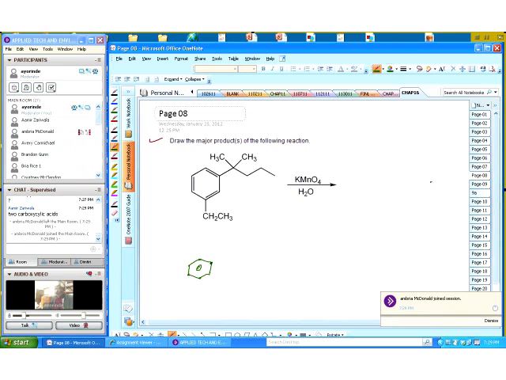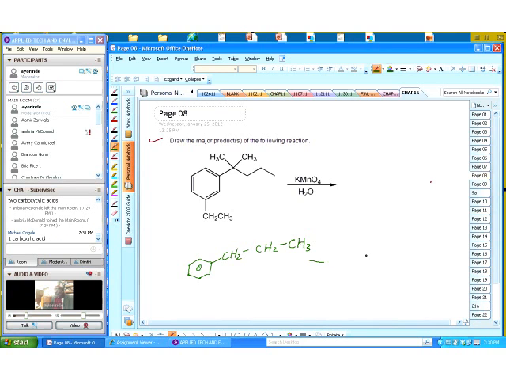Carboxylic acid is correct, but there is something that I also want you to know. If you have any alkyl group attached to benzene, it does not matter how long the alkyl group is, as long as the carbon attached to the benzene contains a hydrogen atom, then when you use potassium permanganate, generally in acidic medium or in water, as in this case, the alkyl group will be oxidized so that the carbon attached to the benzene ring becomes a carboxyl group.